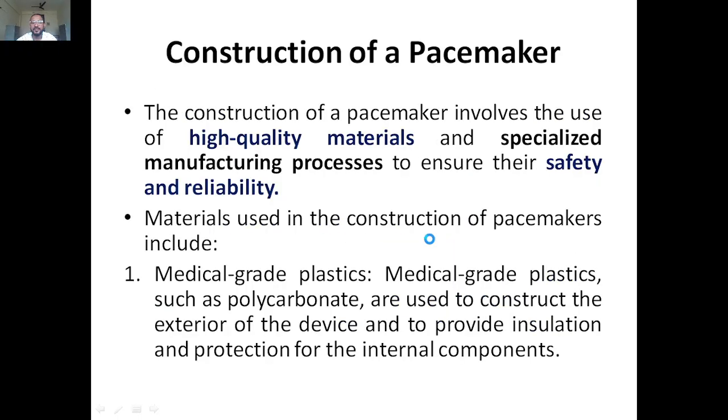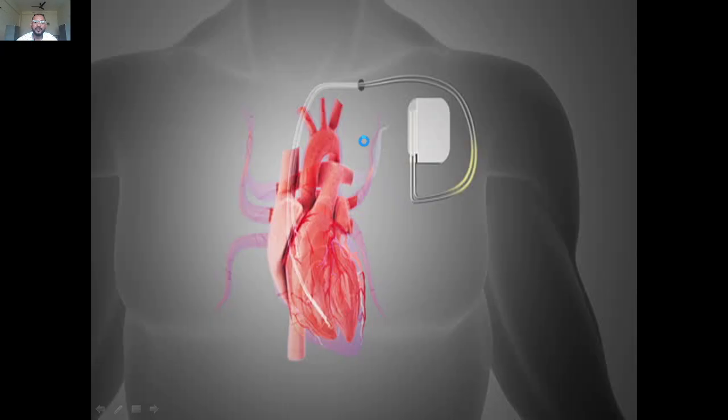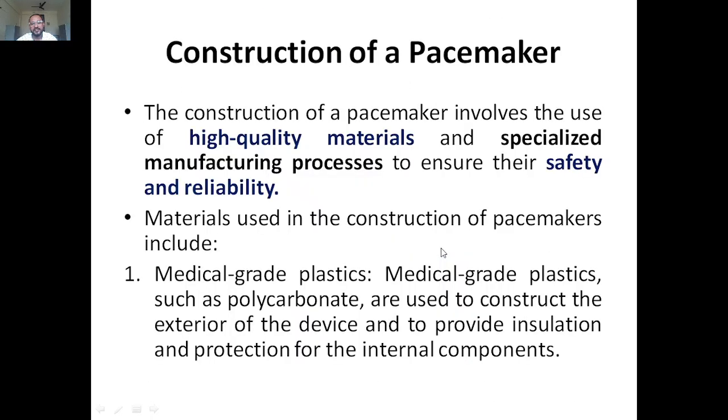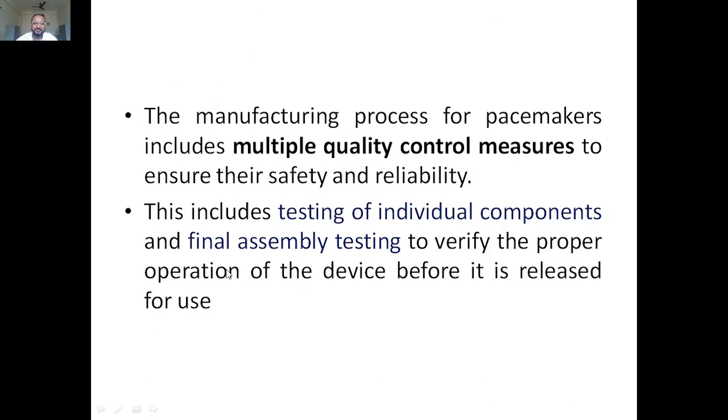After assembly, the whole assembly should be again assessed, or testing should be done to verify the proper operation of the device before it is released for use. That means before you use it for surgery, you need to make sure that all the components are working, and that the final assembly testing is done, so that we can say that the particular device is working.